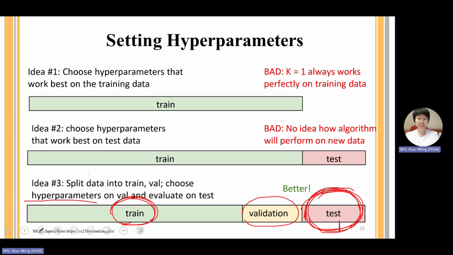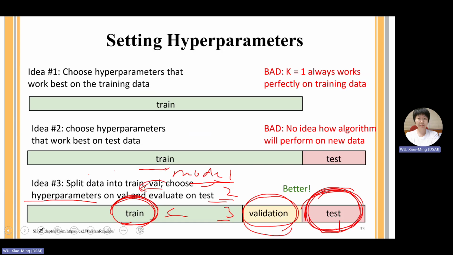So for each configuration, for each set of hyperparameters, we train a model, like model 1, model 2, model 3. Each corresponds to a different hyperparameter configuration. Then we evaluate model 1, model 2, model 3 on the validation set to compare which hyperparameter configuration is better. Okay?